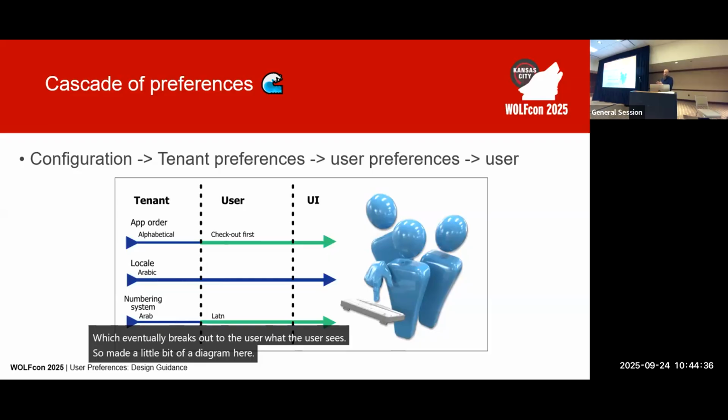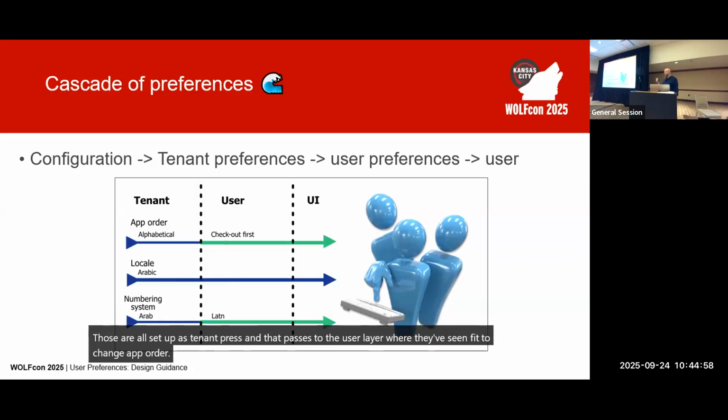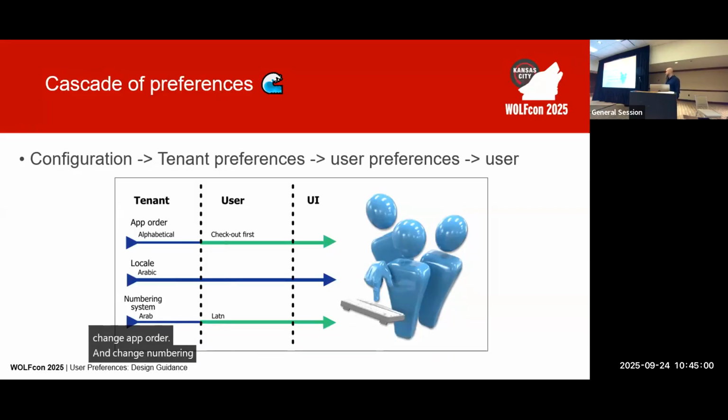So we can see on the tenant side of the diagram, we've got app order, we've got locale, and we've got numbering system. Those are all set up as tenant prefs, and that passes to the user layer where they've seen fit to change app order and change numbering system to something that better suits them.